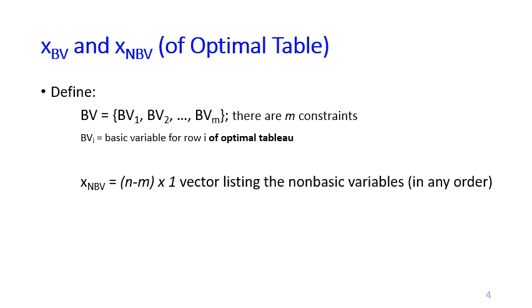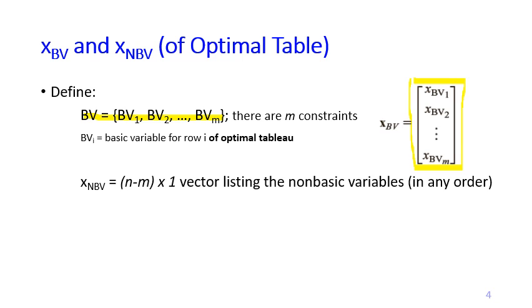Now let's talk about XBV and XNBV. If we define the basic variables in the optimal table as BV1, BV2, up to BVm, because we have m constraints, then XBV is simply the collection of those basic variables. This is the set of all variables that become basic variables in the optimal table.